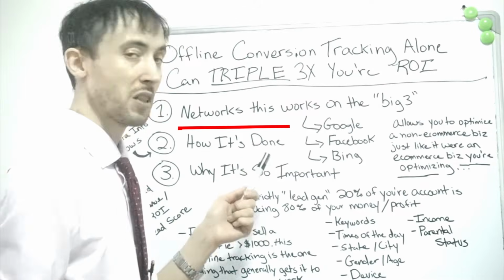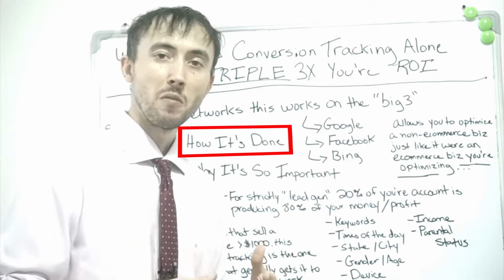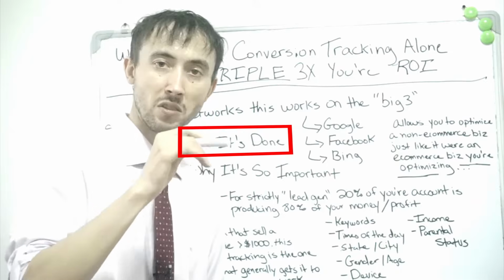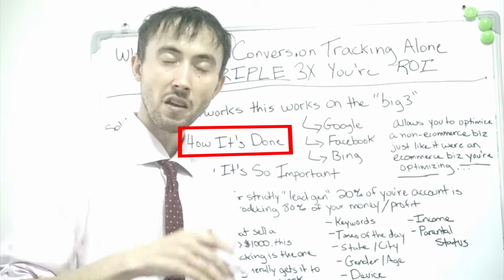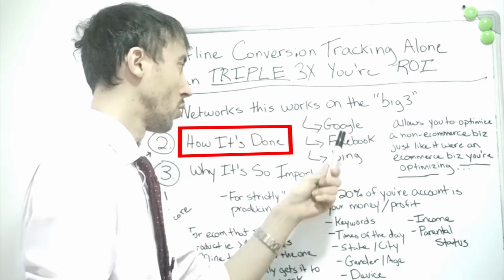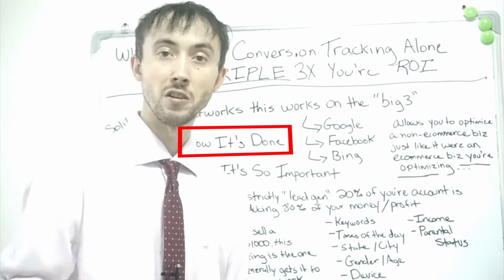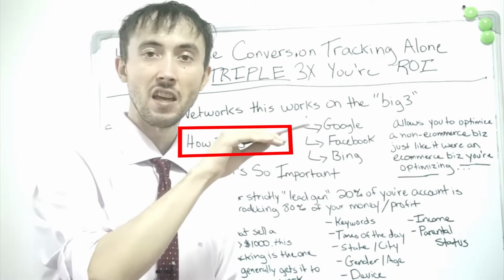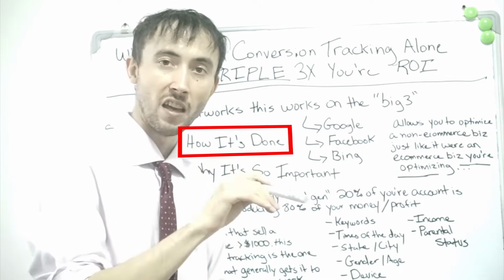But specifically how it's done with Google, Facebook, and Bing, in a nutshell, and I won't go over all the technicals, I have a blog post that gives you step-by-step instructions on guaranteedppc.com under my blog. Every click that you pay for on Google, Bing, and Facebook is assigned what is essentially a serial number. Every single click in their system gets a unique code to track it.